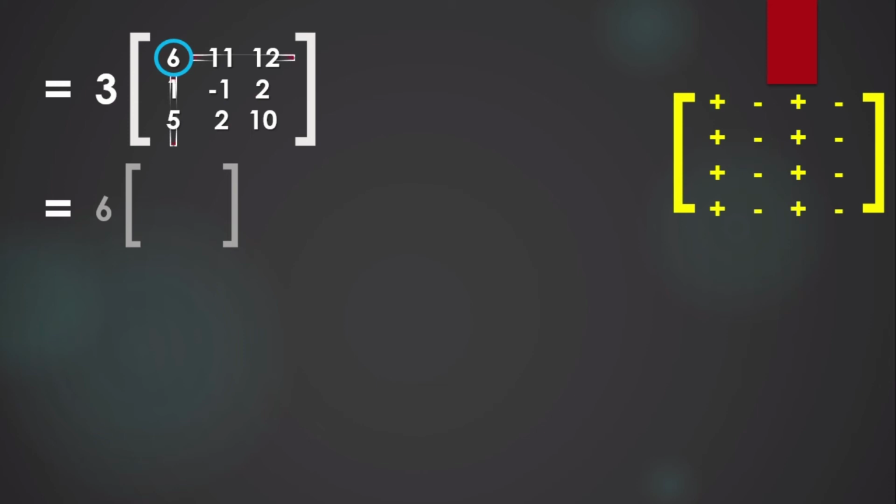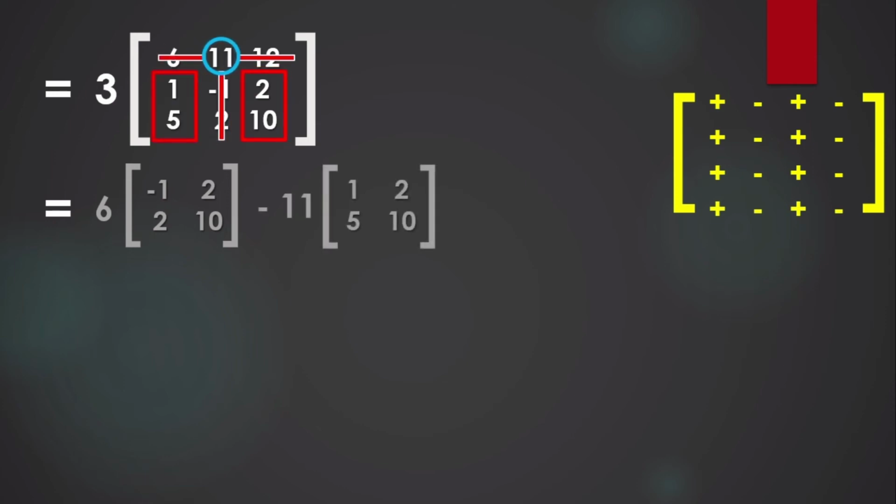So we have 6, so eliminate row 1 and column 1. So we have negative 1, 2, 2, 10. That will be our new 2 by 2 matrix that needed to be multiplied by 6. Then another same process, and also with the 12 same process.